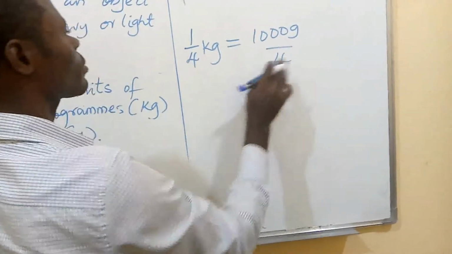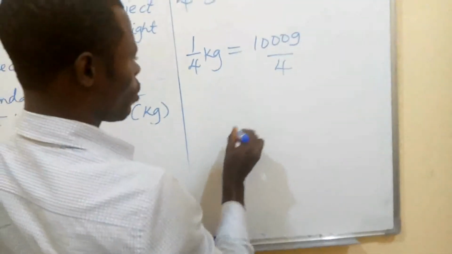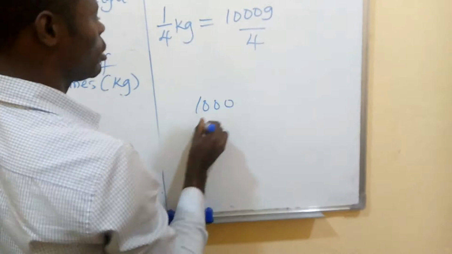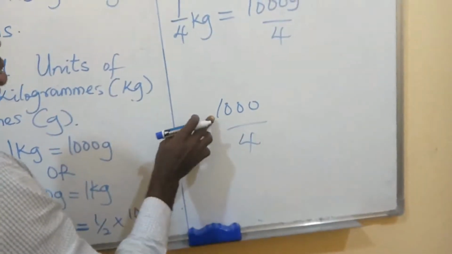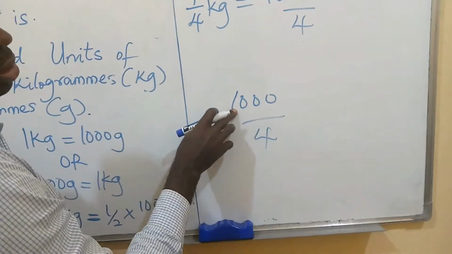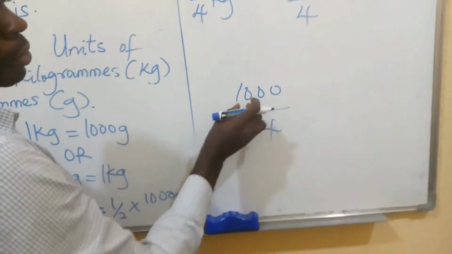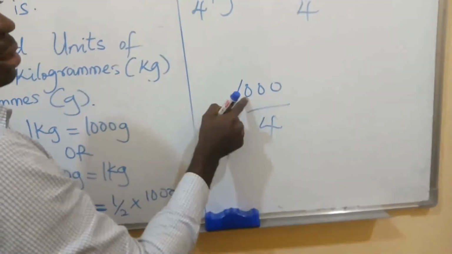So now we have 1,000 divided by 4. 4 goes into 1, it's not possible. Then 4 goes into 10.